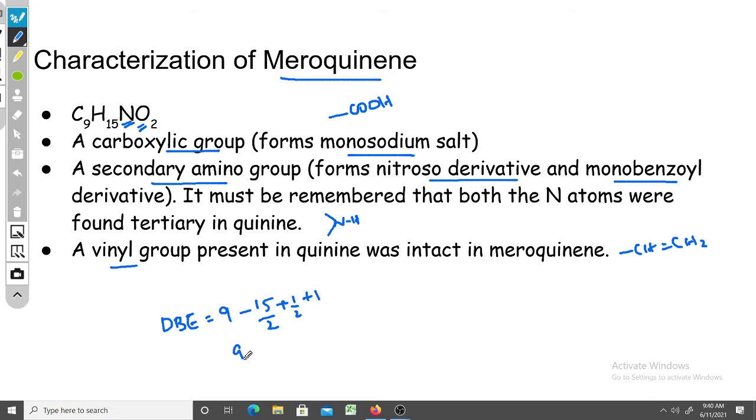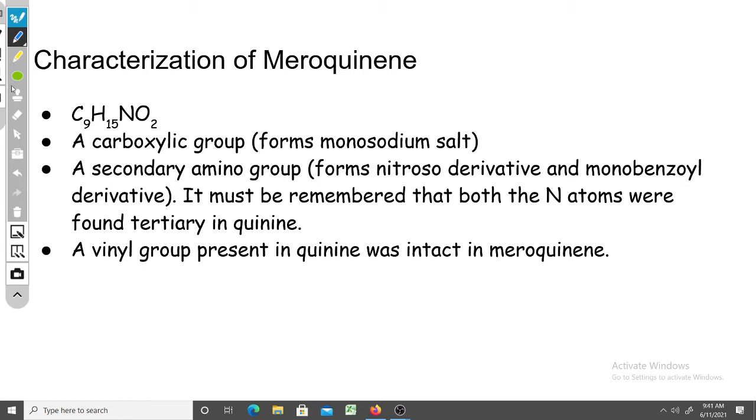That is 9 minus 7 plus 1, that is equal to 3 double bonds. In case of 3 double bonds, 1 corresponds to this vinyl group, C=C group. 1 must correspond to this carboxylic acid group, COOH group, and the third one will correspond to the ring structure of the molecule. So in meroquinine there will be a ring-like structure.